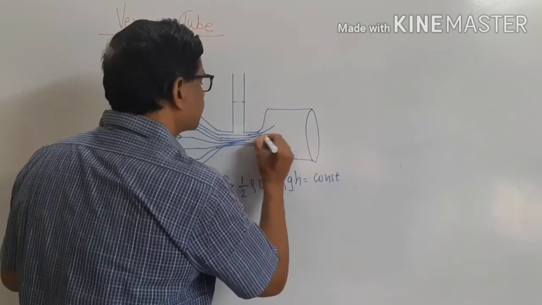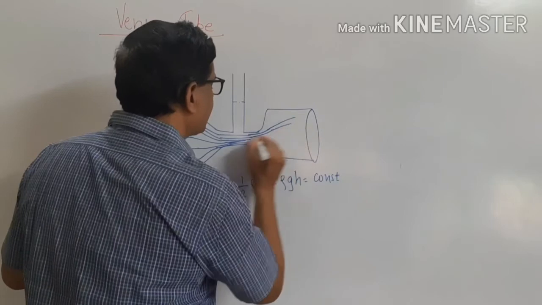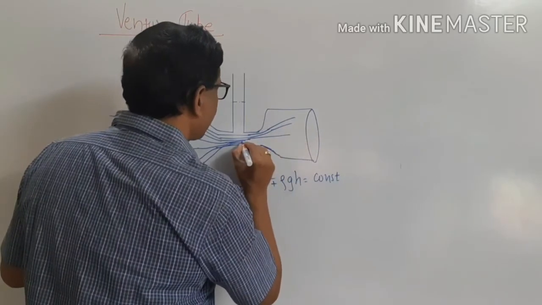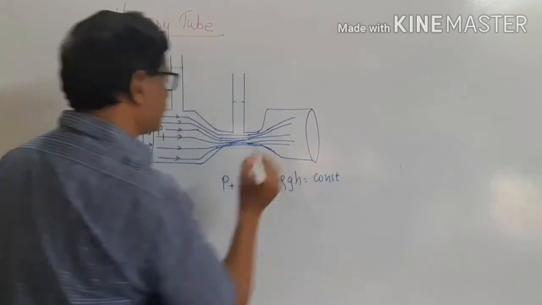Again, when they enter a wider region, these streamlines get separated from each other.